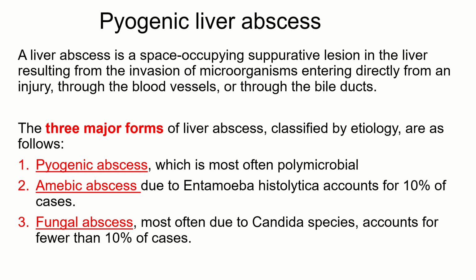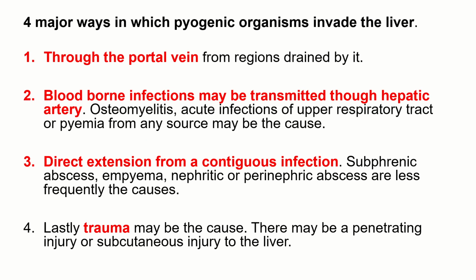One is pyogenic liver abscess, which is the most common form, and most often it is polymicrobial, means you will have more than one organism involved in formation of this abscess. Then you have amoebic abscess, in which the only organism responsible is Entamoeba histolytica, and then you have fungal abscess, which occurs most commonly due to Candida species and is usually seen in immunocompromised patients.